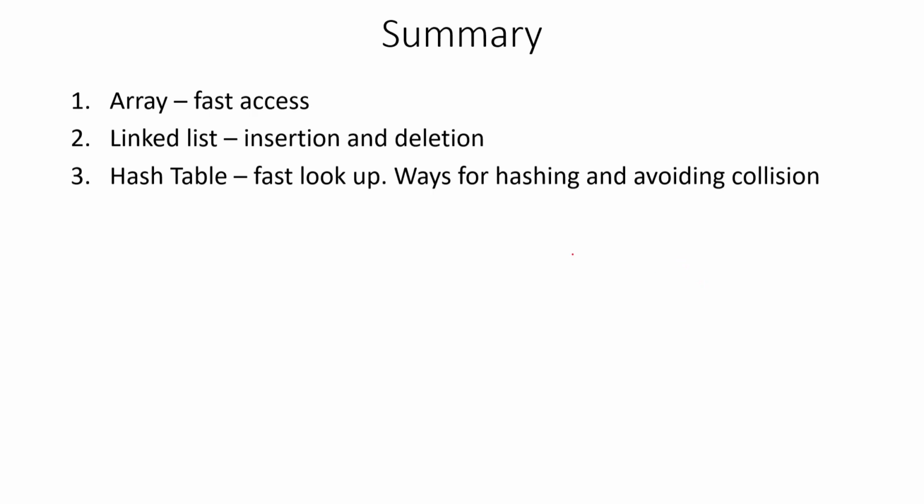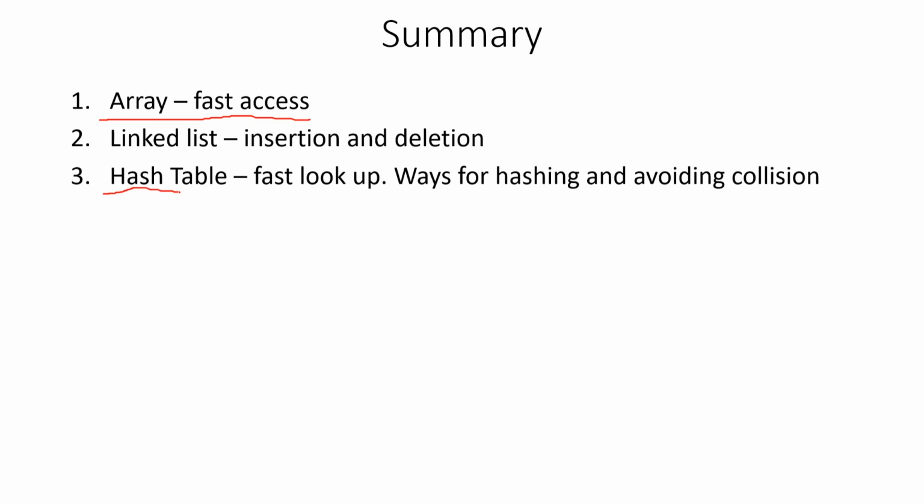So here is the summary. Very shortly, today we covered 3 data structures. We compared them, and I explained their advantages and disadvantages. In an array, you have fast access if you know the index. In a linked list, the advantage is insertion and deletion, because it has constant time complexity.